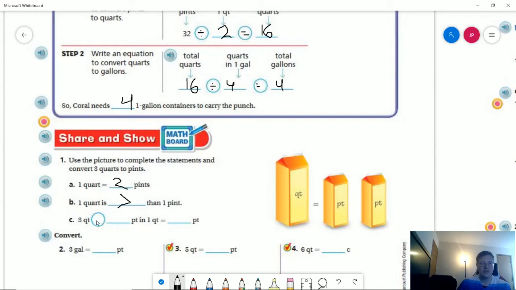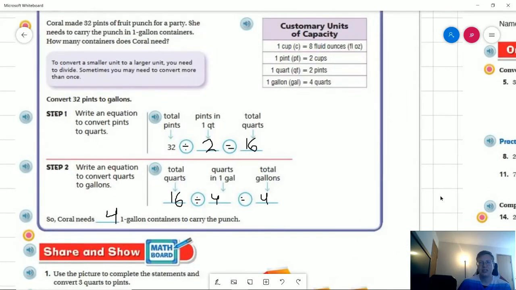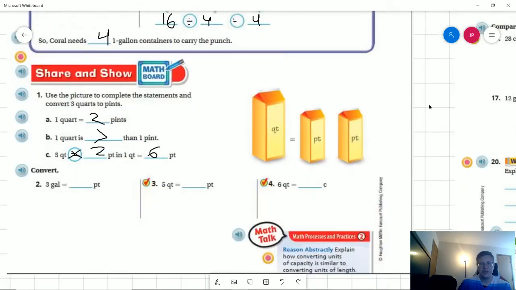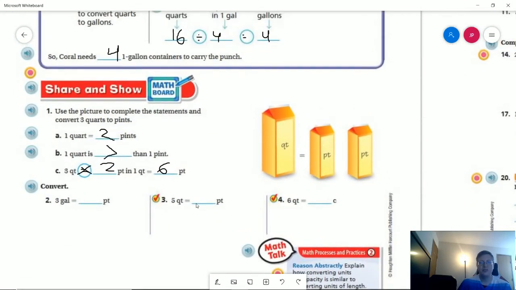Next, 3 quarts times 2 pints in 1 quart will give us 6 pints. And for number 3, we're doing quarts to pints. Again, we are going to multiply by 2, so that should give us 10.